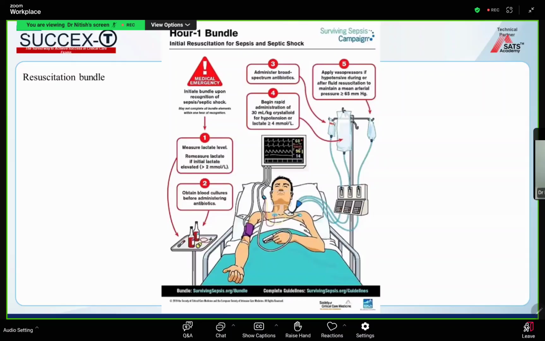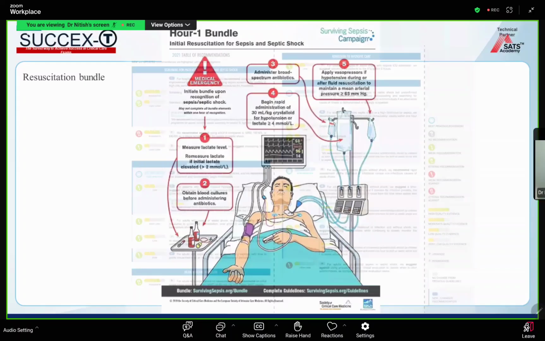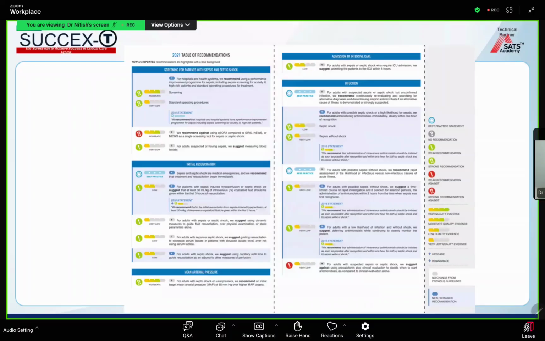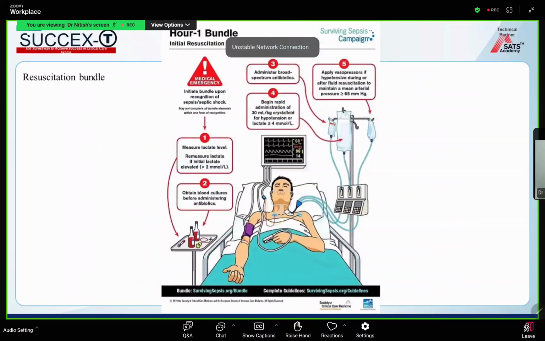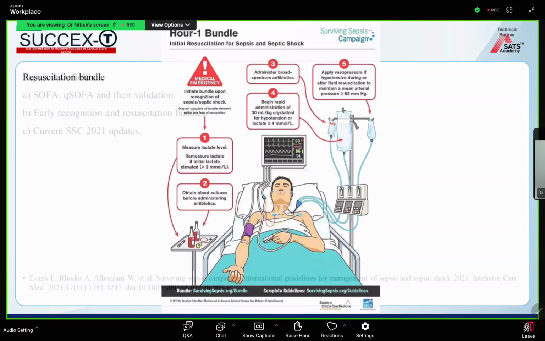This is the Surviving Sepsis Campaign guidelines for 2021. I've given the reference at the end of every topic. It is open to all, you can access this.